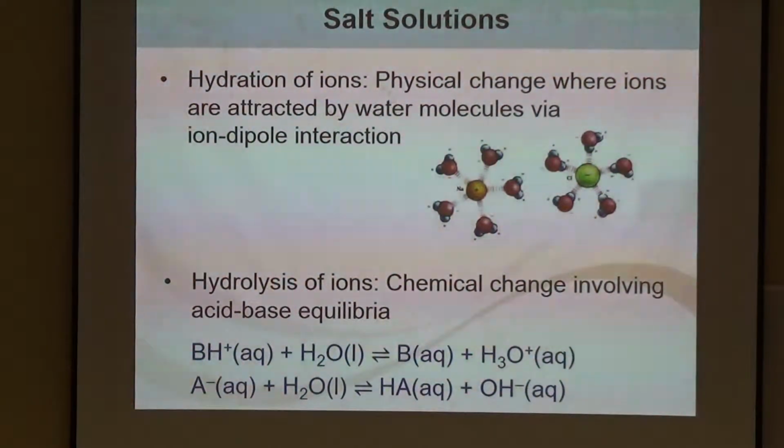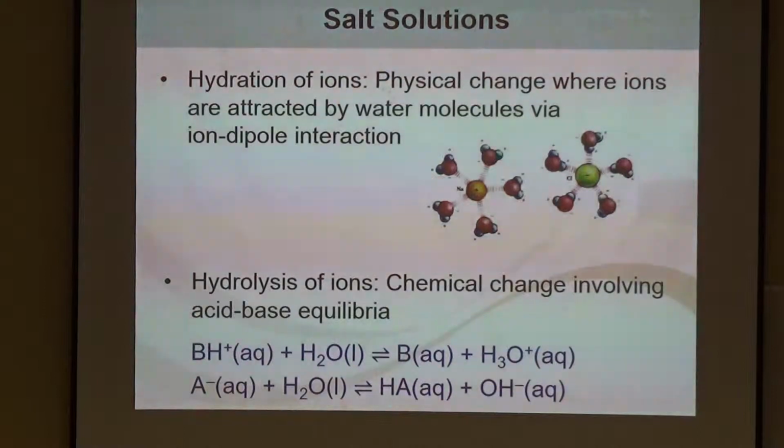It involves the acid-base equilibrium. So for example, you have BH+ plus H2O. That can hydrolyze to give you B plus H3O+. Likewise, A- plus water can give you back HA plus OH-.